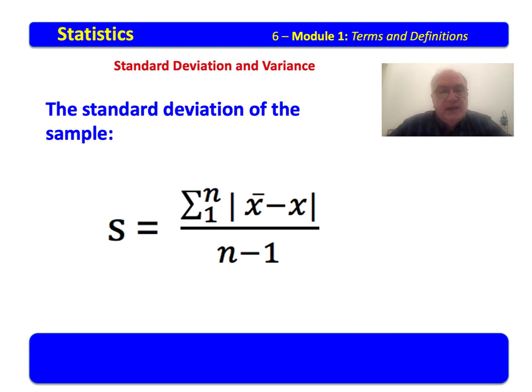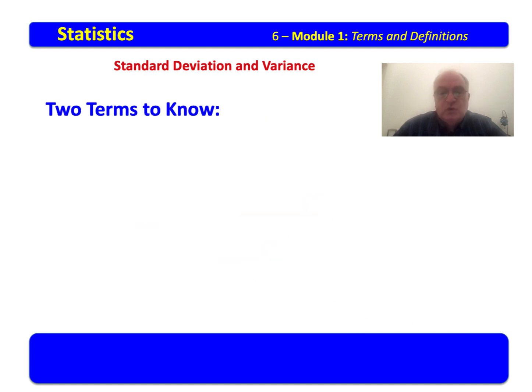And the standard deviation of the sample is represented by S equals the sum from 1 to lowercase n, which represents the number in the sample, of the distance of the sample from the mean, the sum of all the distances of the data from the mean, divided by n minus 1.